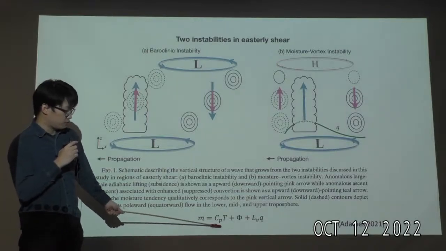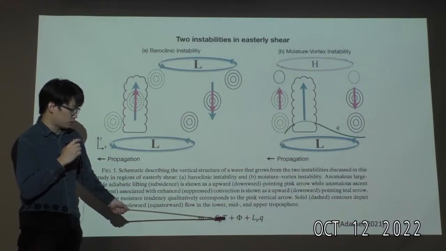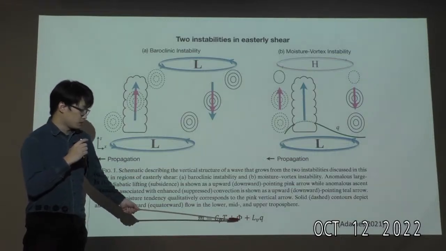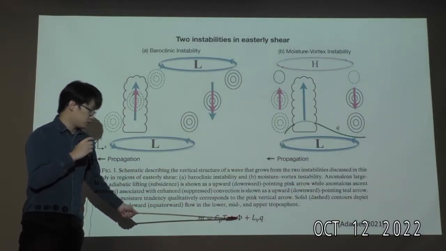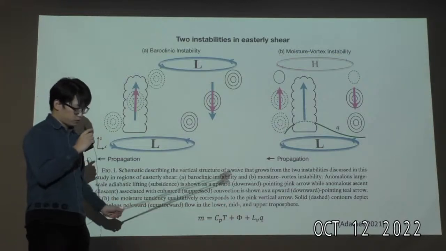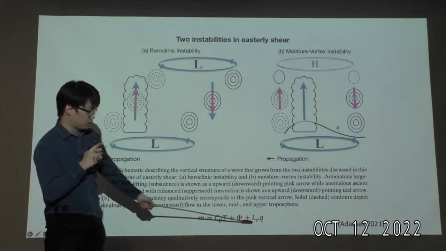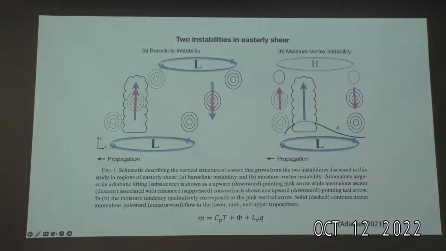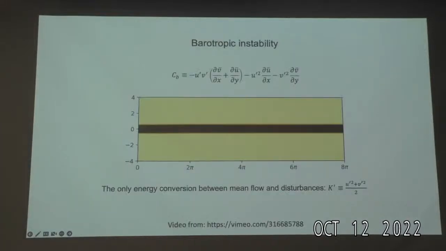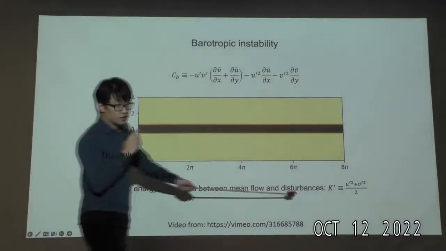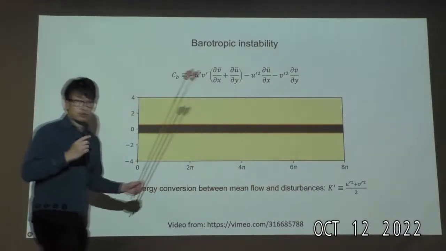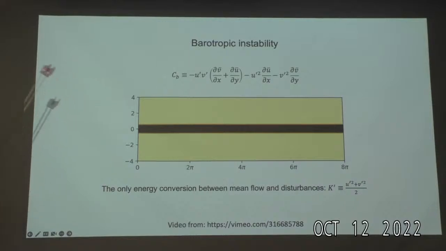It's a combination of contributions from the temperature variation, the geopotential height variation, which is from the potential energy variation, and the moisture variation. And if we look at the barotropic instability, we often look at the change of kinetic energy because it's the only energy that converts between mean flow and disturbances in the barotropic instability framework.